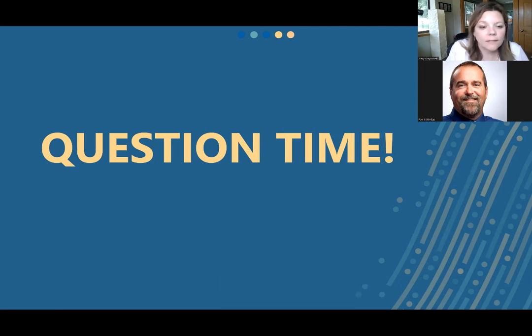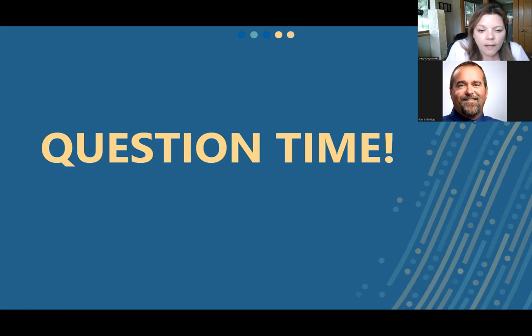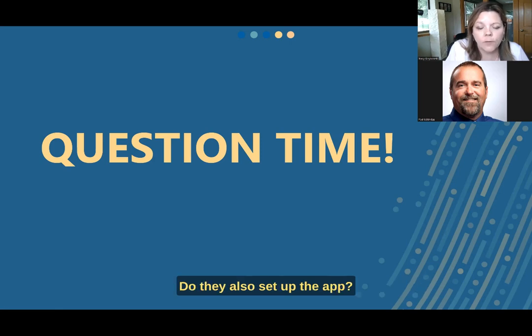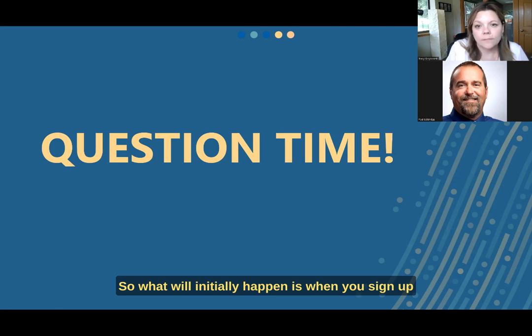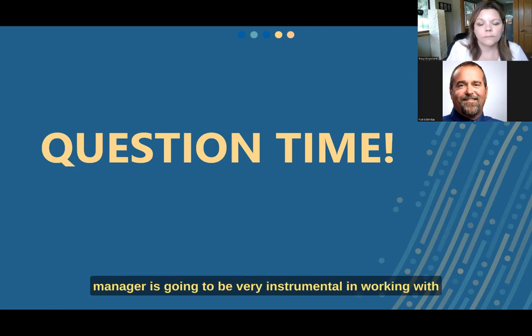Okay, thanks. And right now it looks like we have one more question. I know Omnipress sets up my CATALYST site for me. Do they also set up the app? Yes. When you sign up for CATALYST as well as the mobile app, your project manager is going to be very instrumental in working with you to build out your collection site.